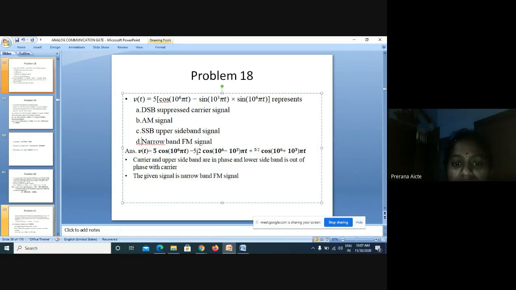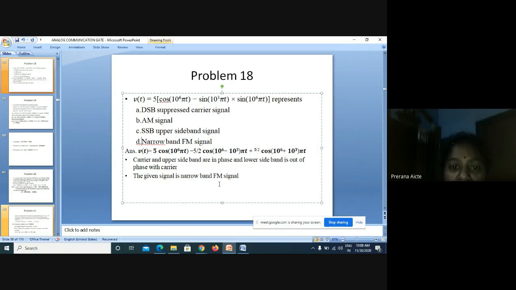So from this we can say the given signal is nothing but a narrowband FM signal. Both your AM and narrowband FM are similar: we have the carrier signal, the upper sideband, and the lower sideband. But the difference is that your lower sideband is out of phase with your carrier.